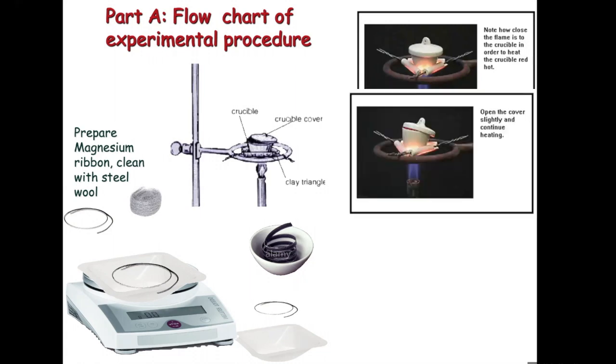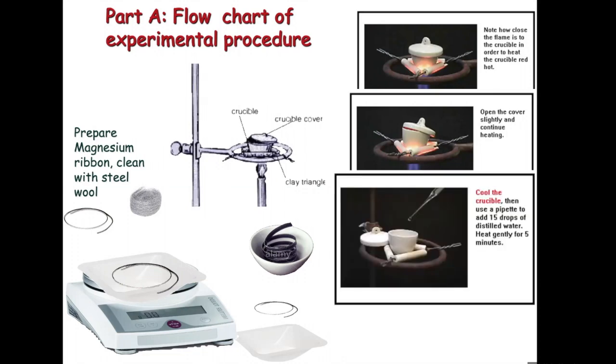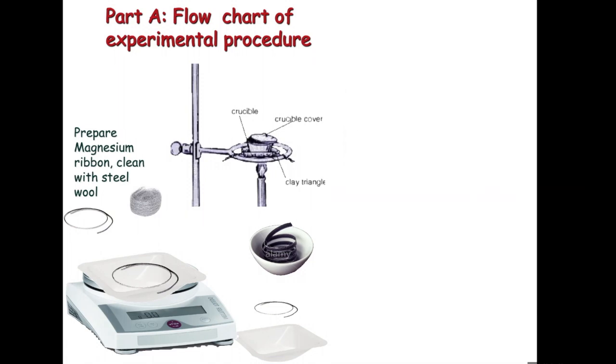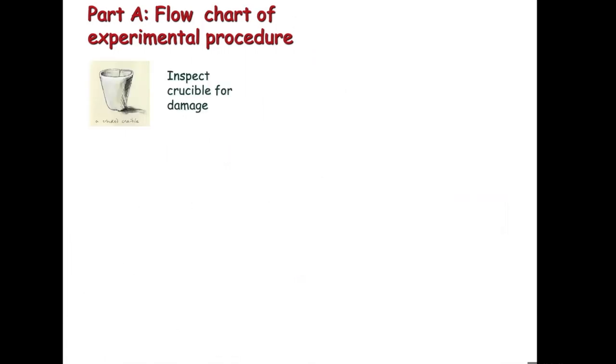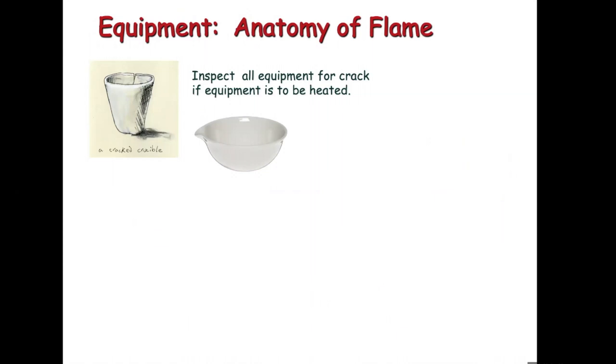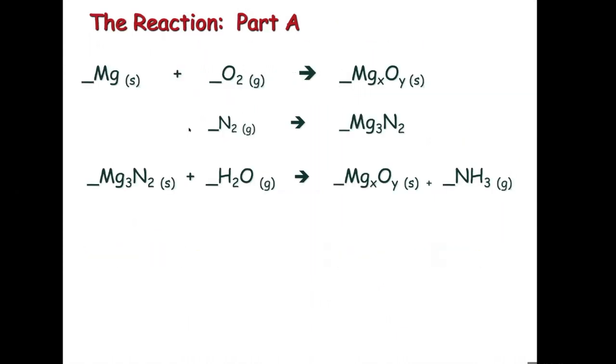You open it up so that the air can go in and combust with the magnesium. Remember in that reaction what we added? Let me go back so that you guys can see that. In the reaction that occurs, you add water so that the magnesium nitride is converted to ammonia and you get magnesium oxide.